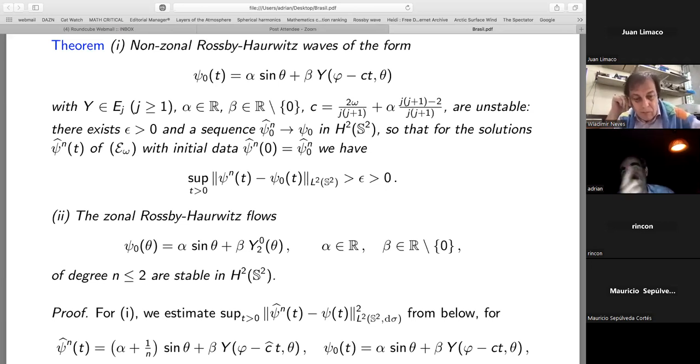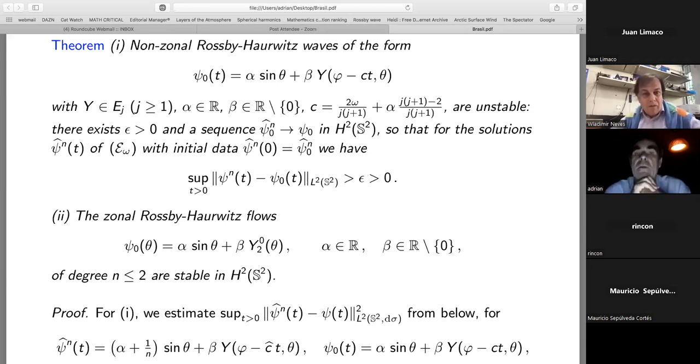These are very simple, sine of theta times the coefficient. And it's a much more complicated work to do this for the next more complicated Rossby-Hurwitz wave of this type, which involves a spherical harmonic of order 2. And the interesting thing is that from order 3 on, they are unstable.